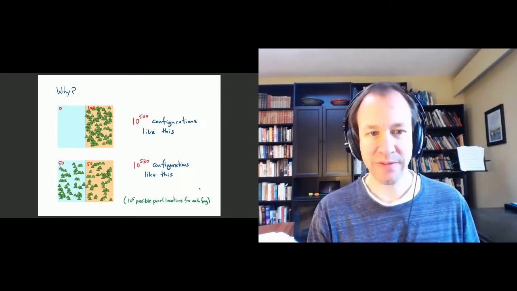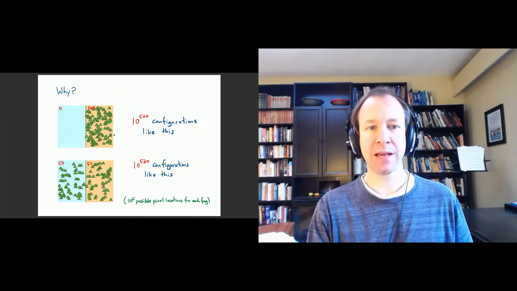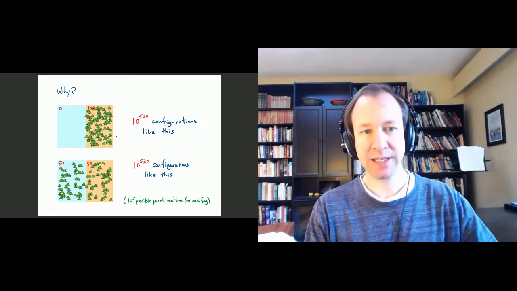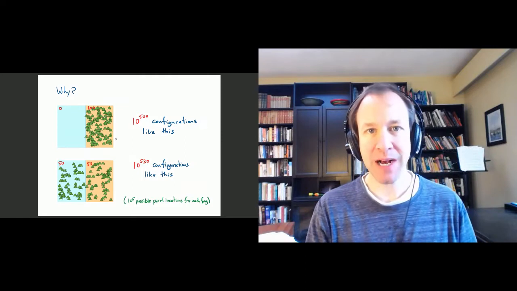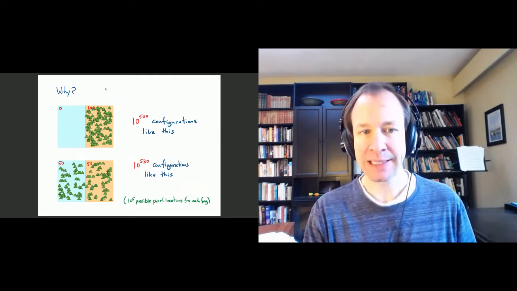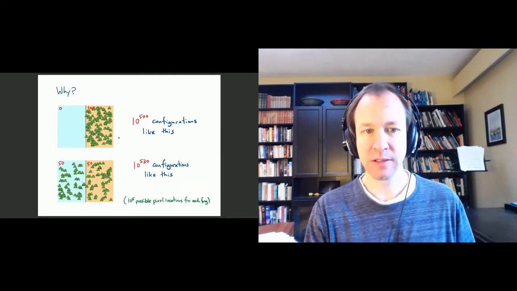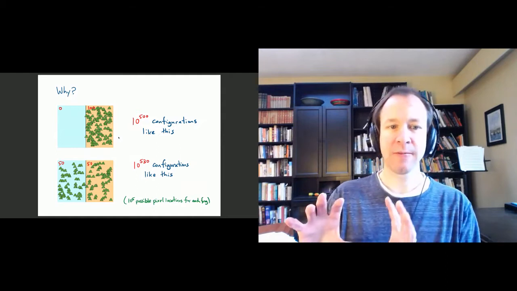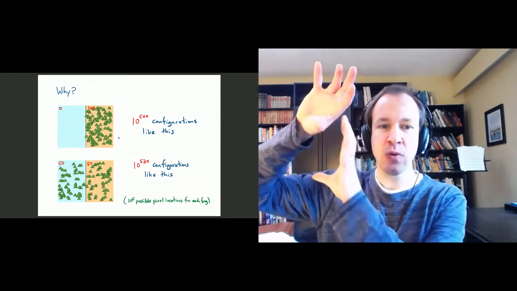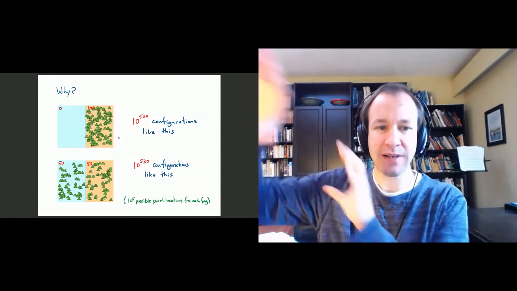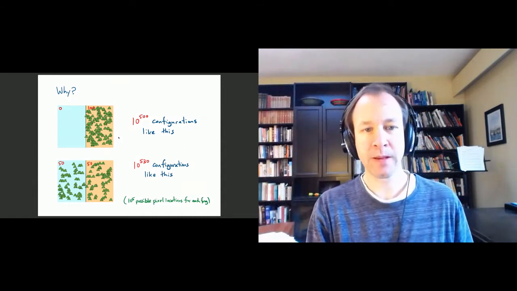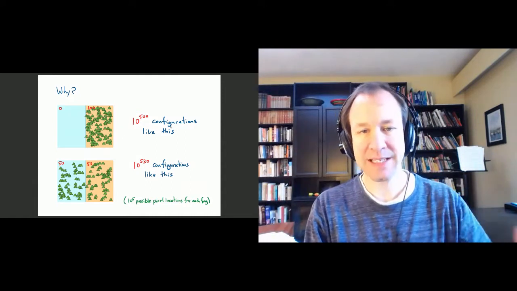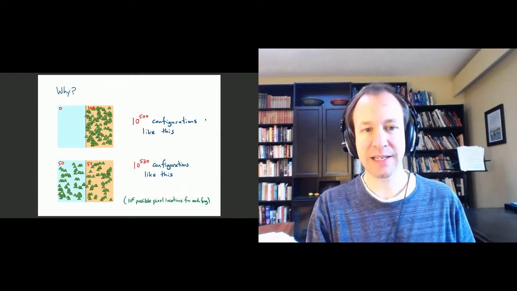So why don't we ever see that happen? It's because if we count how many possible configurations there are like this one, say, how many configurations there are where you put 100 frogs on the right-hand side, it turns out there are about 10 to the 500 configurations like that.